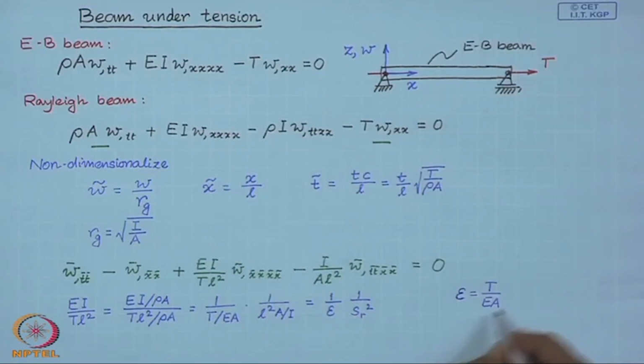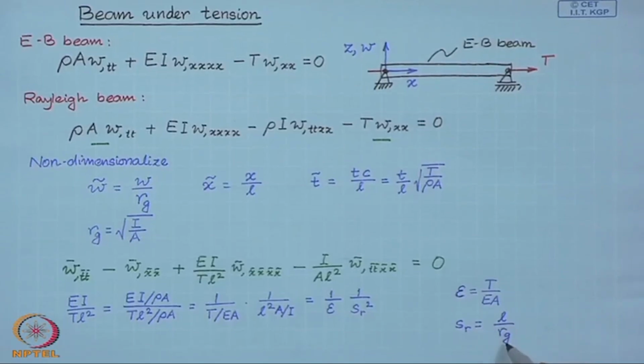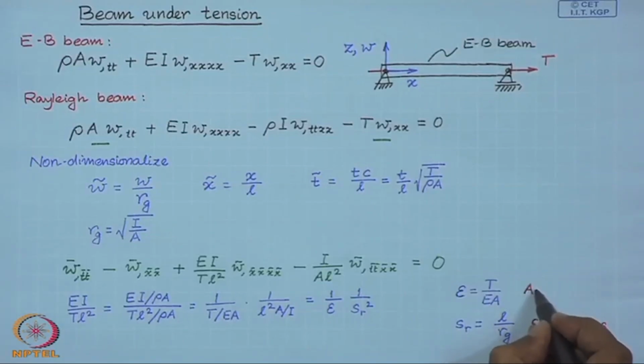And SR is defined as the length over the radius of gyration. This is known as the slenderness ratio. So, this is the slenderness ratio and this is the axial strain.